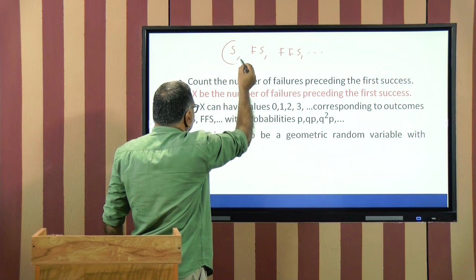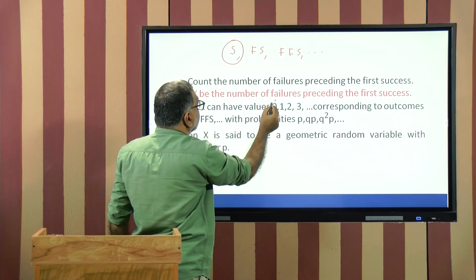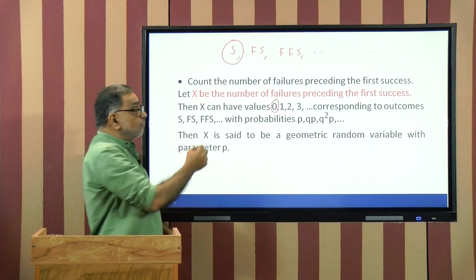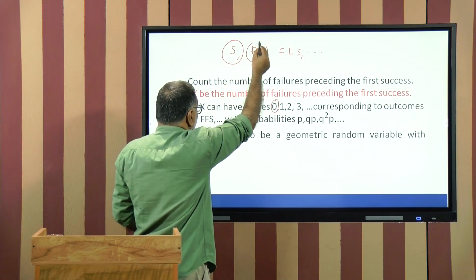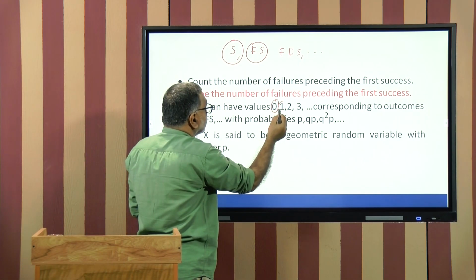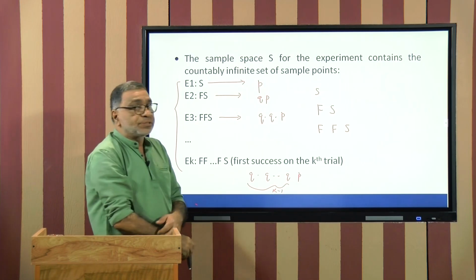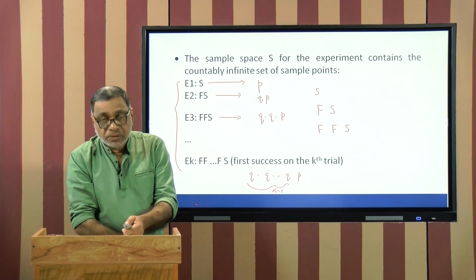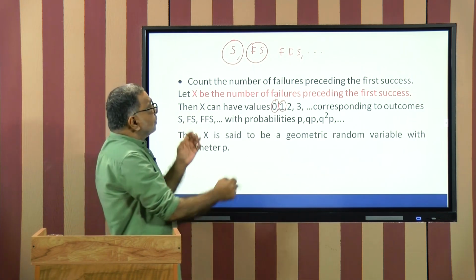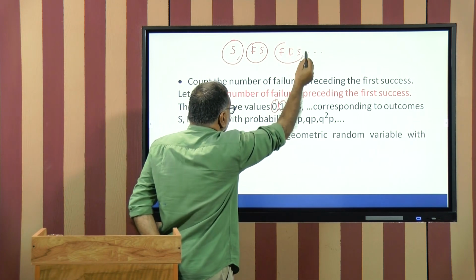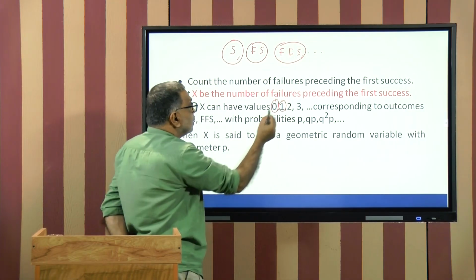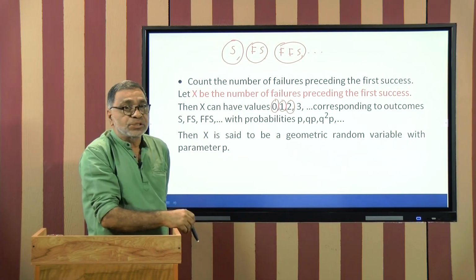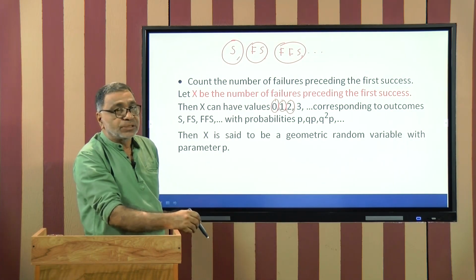If the event is S, our number of failures is 0. If the event is FS, our number of failures preceding the first success is 1. And if the event is FFS, the number of failures preceding the first success is 2, 3, etc.